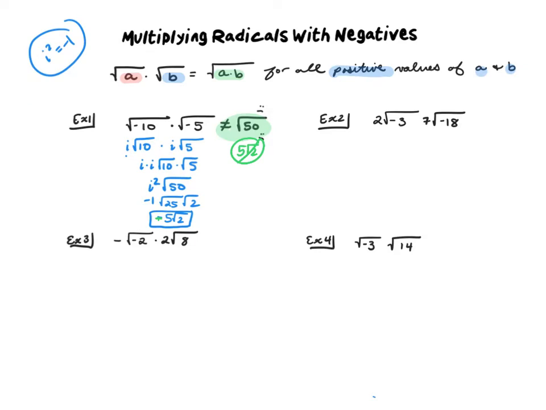So let's do that for example 2. So instead of 2 times the square root of negative 3, we'll write this as 2I root 3, and this as 7I root 18. So now I can multiply the coefficient parts together. So this is going to become 14I squared.